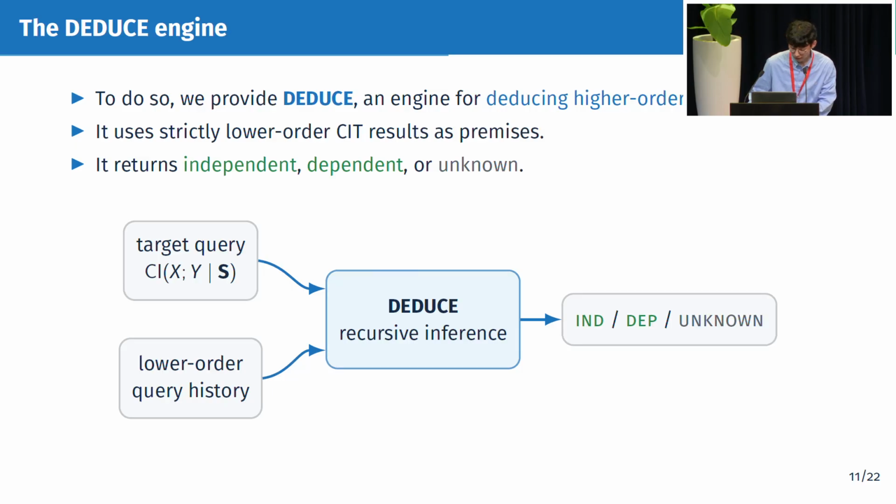This Deduce module recursively examines the query history of the PC algorithm and returns one of three outcomes: independent, dependent, or unknown. Importantly, unknown is allowed, which means the Deduce module does not guess when the available information is insufficient.